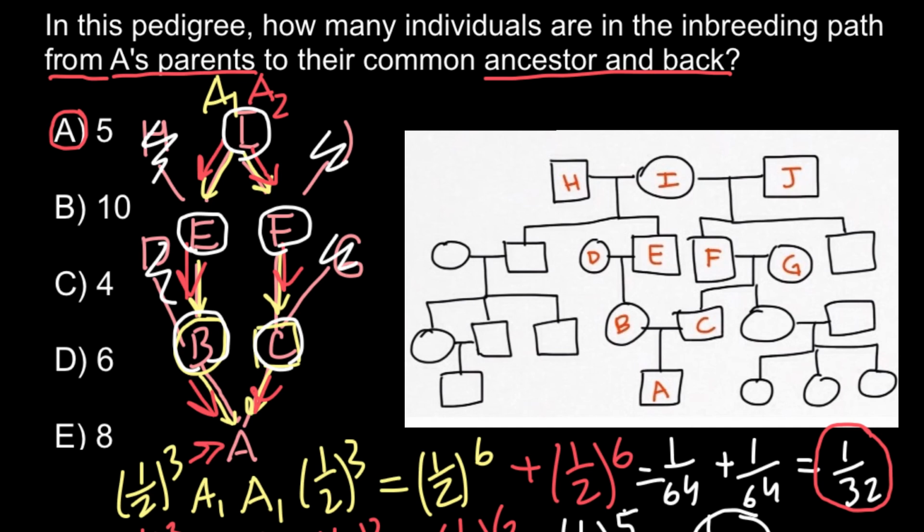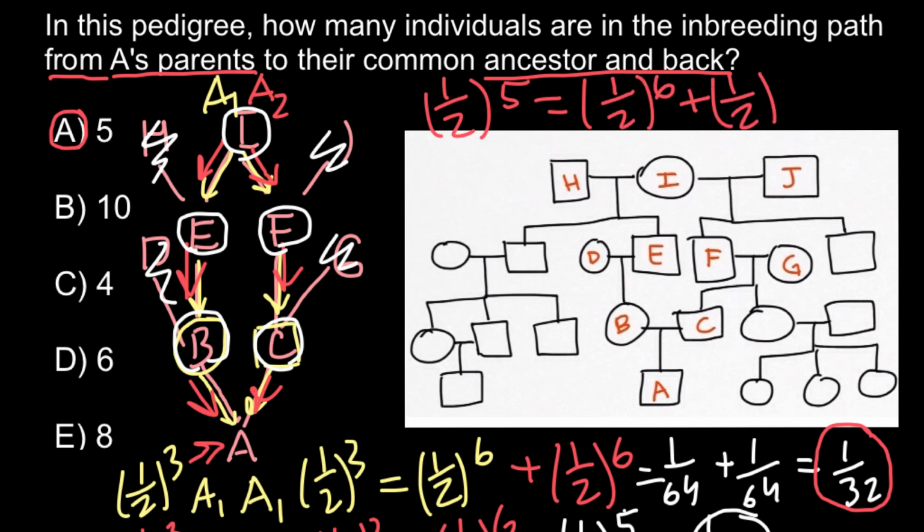And the logic is simple. If we calculate the number of nodes, we are going to get 1/2 in the power of 5, and this is going to be the same as 1/2 in the power of 6 plus 1/2 in the power of 6. I wish you good luck on your exams, and this is all for today.